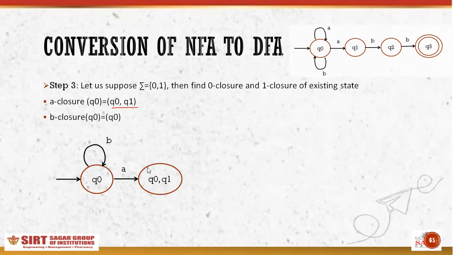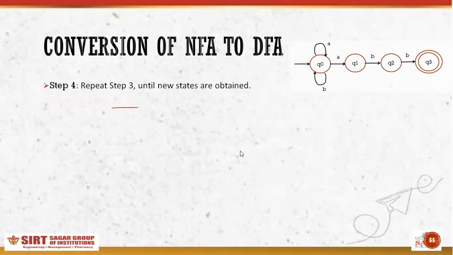Now what is the new state we have got? Q0, Q1. So we will find the 0 closure and 1 closure of Q0, Q1. The same step will be repeated again and again until we stop getting new states. So I have given small a to Q0 and Q1 collectively.